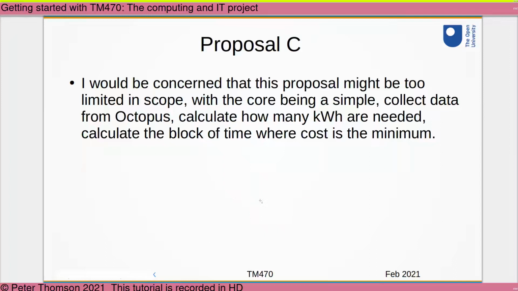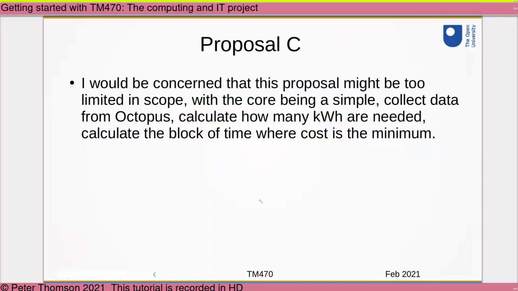Proposal C: I would be concerned that this proposal might be too limited in scope. The core, I would guess, is being a simple collect data from Octopus Energy, calculate how many kilowatt hours are needed, calculate the block of time where cost is the minimum. Relatively very simple programming task.